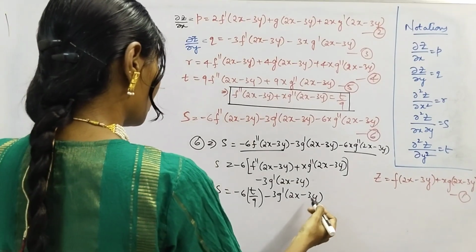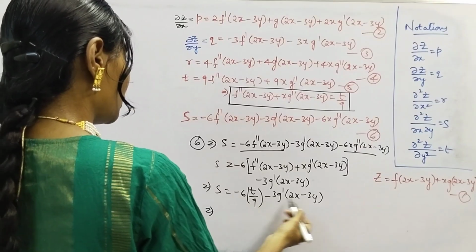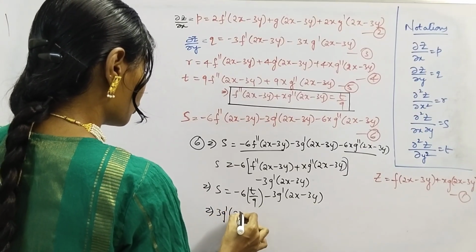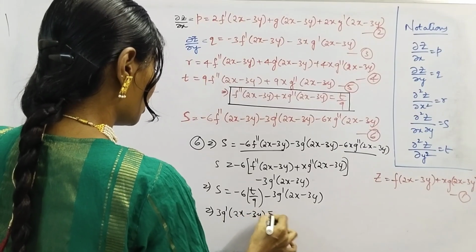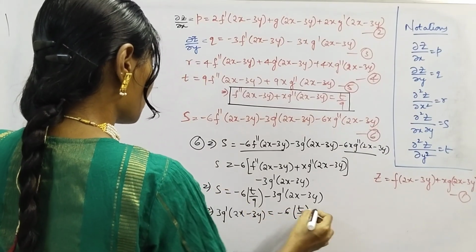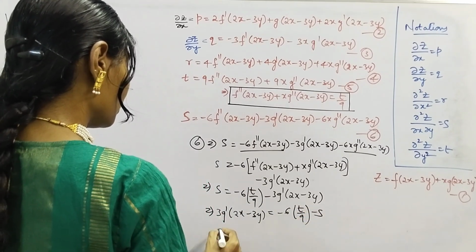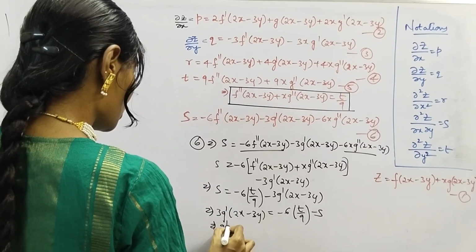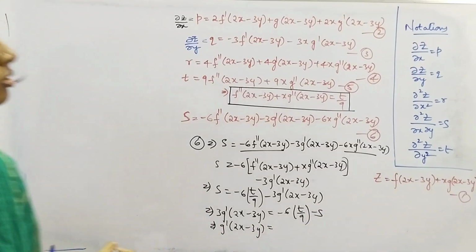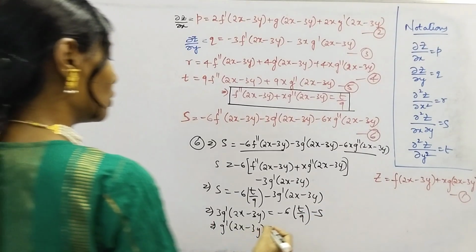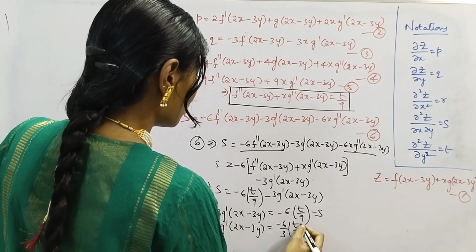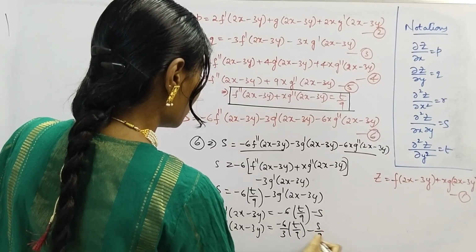Fine. Now bring this term to LHS, you'll get 3 g'(2x-3y) equal to -6 into t/9, s becomes -s, right? Now this gives us g'(2x-3y) equal to, divide both sides of the equation by 3, we'll get -6/3 into t/9 minus s/3, right?